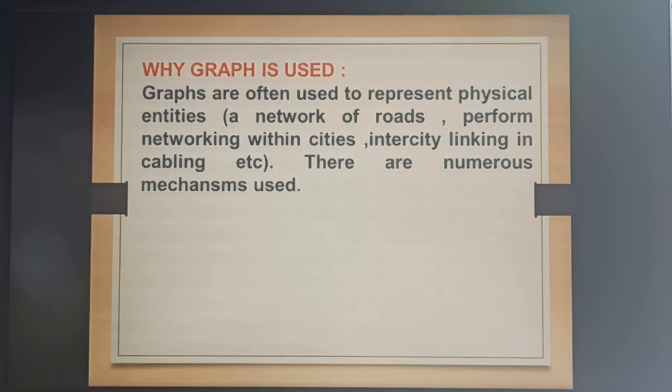Without traversing the same path again and again, I can traverse the different parts of the cities only once, in the shortest time period, using the shortest path with the shortest cost. So that's why the graph is used.